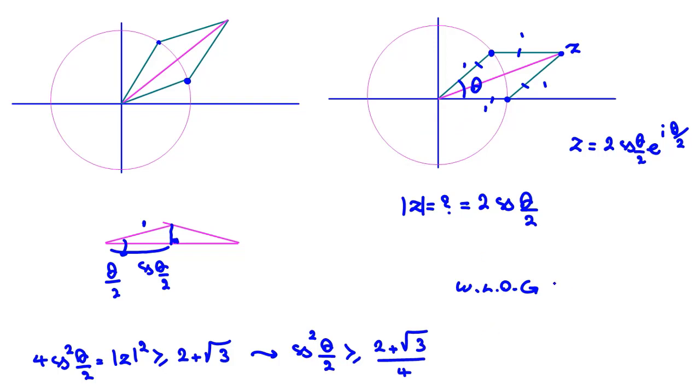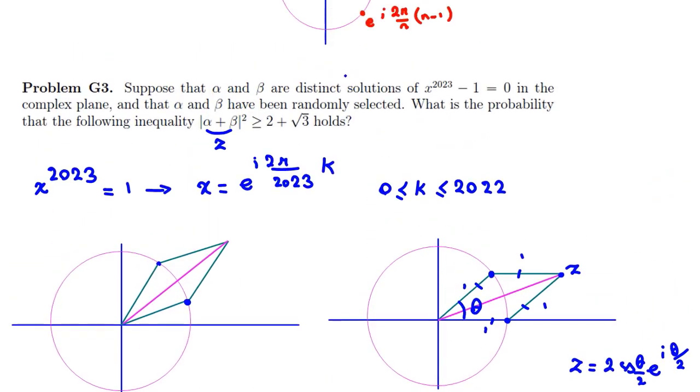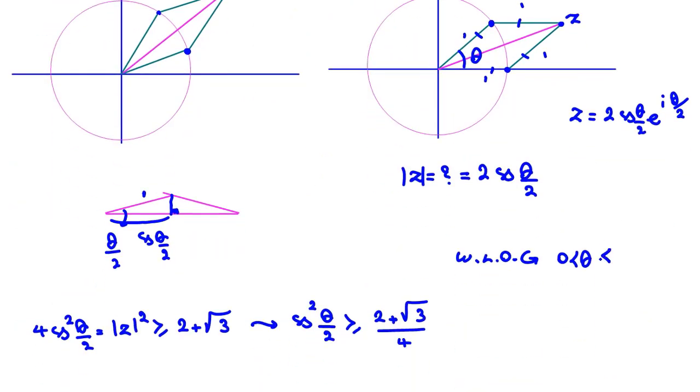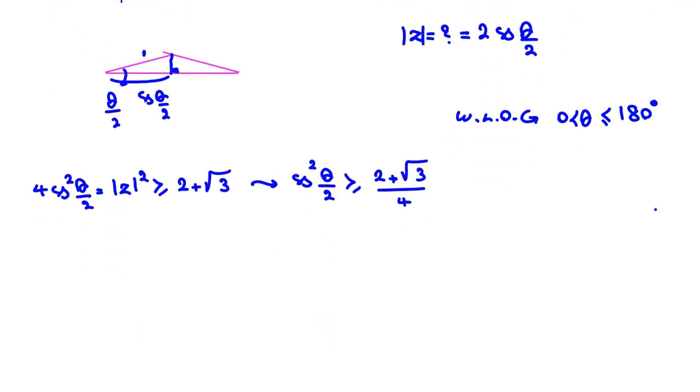So theta is strictly greater than 0, because the problem says two distinct roots. So theta is greater than 0, up to 180 degrees. Now we want to consider this. So theta over 2 will be between what and what? 0 to 90.